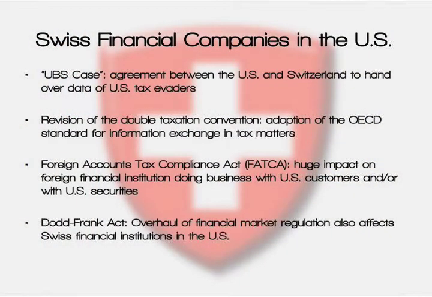The act is called the Foreign Accounts Tax Compliance Act, short FATCA, which is basically an agreement between a foreign financial institution and the tax authority, the IRS, to deliver information about US taxpayers. And the problem with this act is that the implementation and compliance costs are huge and have to be paid by the foreign financial institutions.